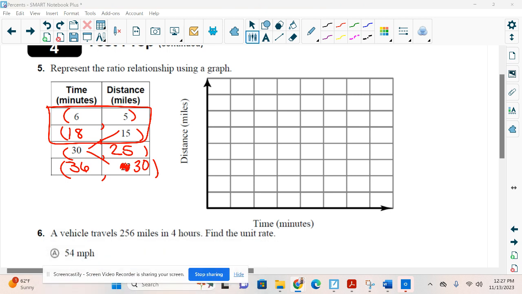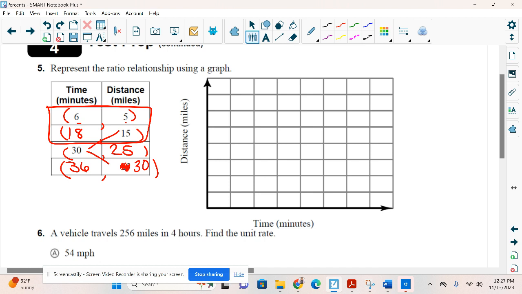Down at the bottom, you have time, and up at the top, you have distance, in miles. It's not numbered for you, is it? The one on your test is not going to be numbered for you. So what do you go by? You go by the numbers that you have. Here we're going to skip count the time by 6.